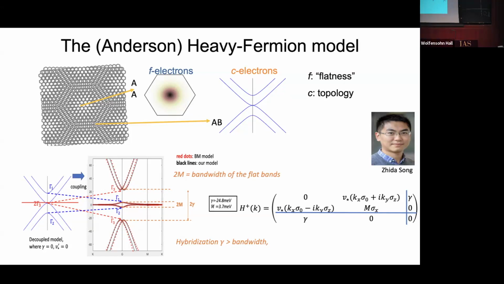I can take the Princeton-McDonald model, form trial Wannier states, plug it into Wannier 90, and obtain these two heavy electron flat bands here. Then I can take the complement of the heavy electrons, ask what it is, and find out that I have to have a semi-metal, which is similar to the one in AB untwisted bilayer with a double vortex here, because the double vortex is two Dirac nodes.